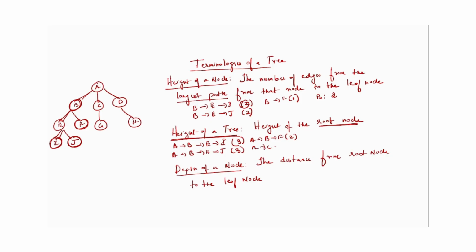A, C, G, height is 2. A, D, H, height is 2. Therefore, height of the root node is the longest path from the root node to the leaf node, right? So height of a node is the longest path from that node to the leaf node. Therefore, height of a tree is the longest path from the root node to the leaf node, which as we can clearly see is 3. Height of a tree is 3.